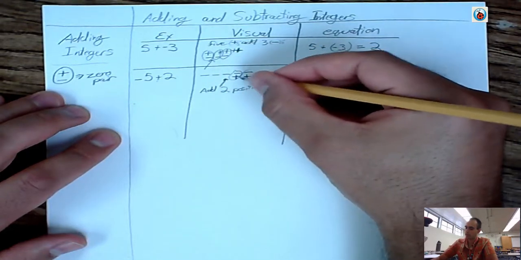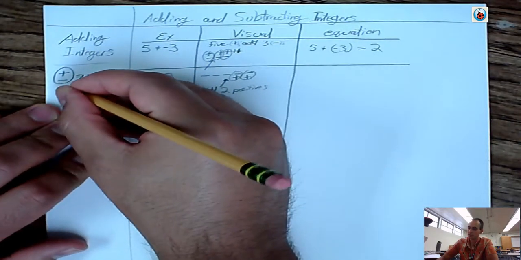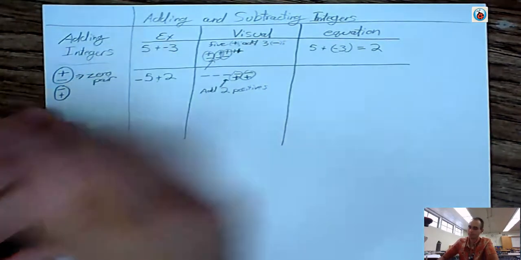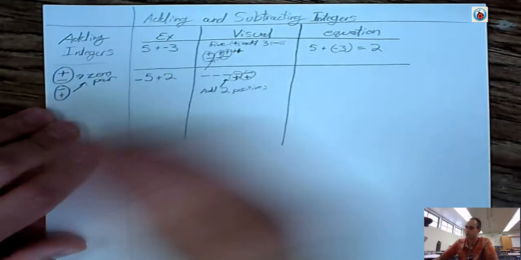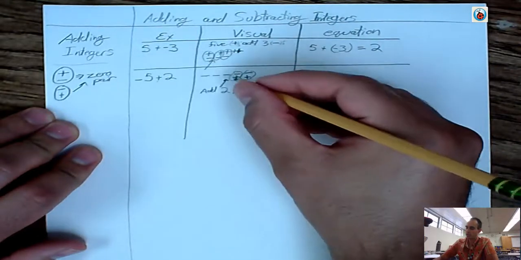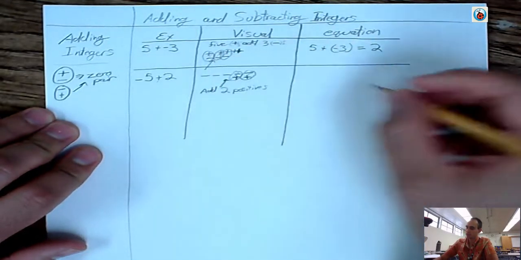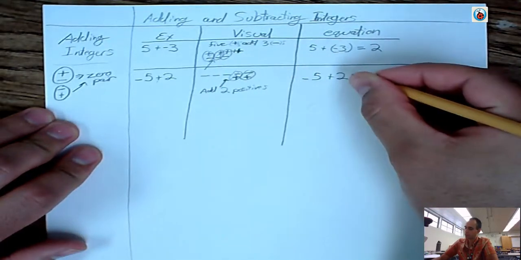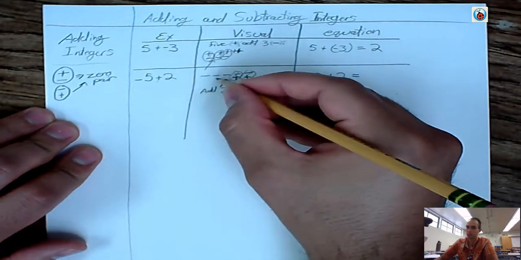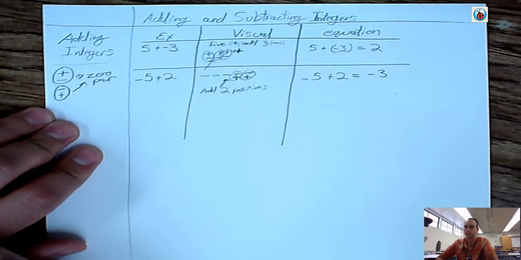Again, that's a zero pair. So if it shows up like that, or it shows up like that, either way, it's a zero pair because it's a positive and a negative. And what that means is it cancels out to 0, just like these all cancel to 0. So now I have negative 5 plus 2 gives me, and I see what's left, 1, 2, 3 negatives, negative 3 left.